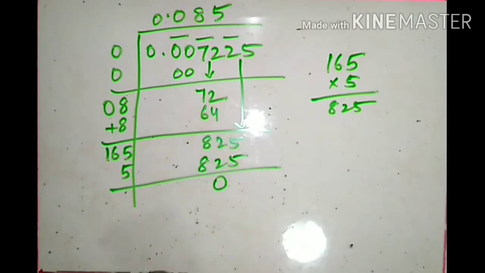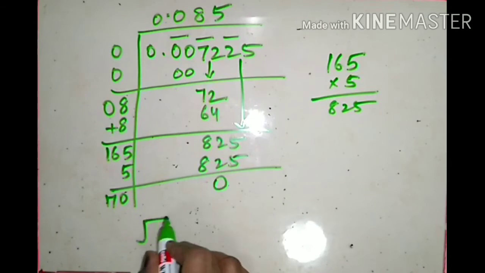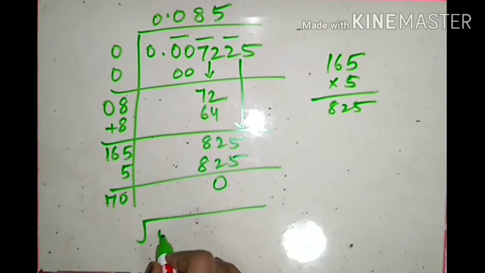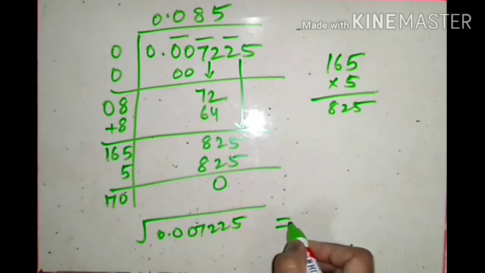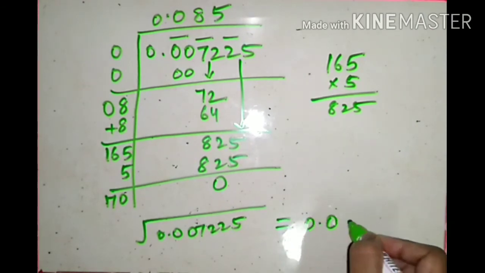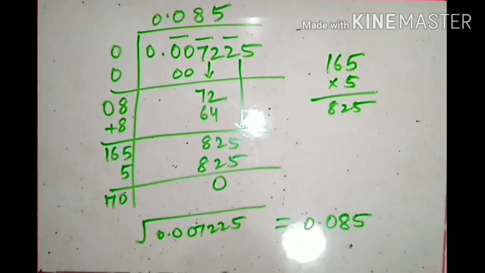On subtraction we get 0. This is 170. So the root of 0.007225 will give us 0.085, and 85 multiplied by 2 is 170. That is the correct answer.